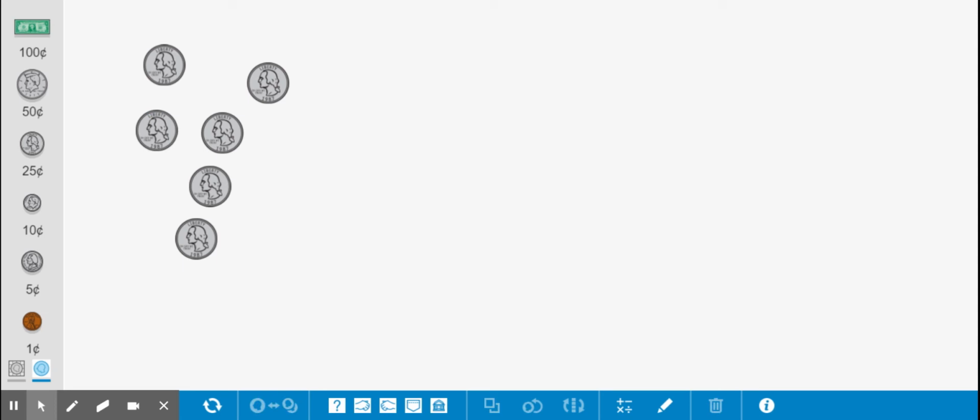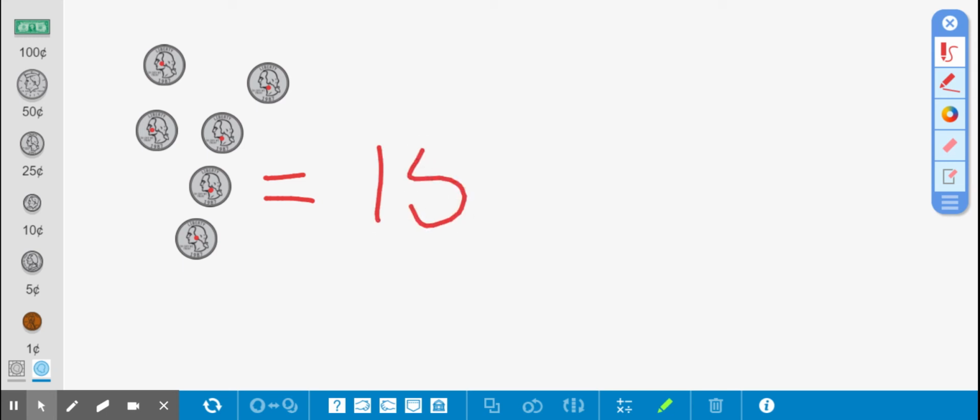Now, the old method, once again, is I got 25 cents. 25 plus 25 is 50, plus 25 is 75, plus 25 is 100, plus 25 is 125, plus another 25 is 150 cents. That seems silly to refer to that way, but it's not 150 cents.